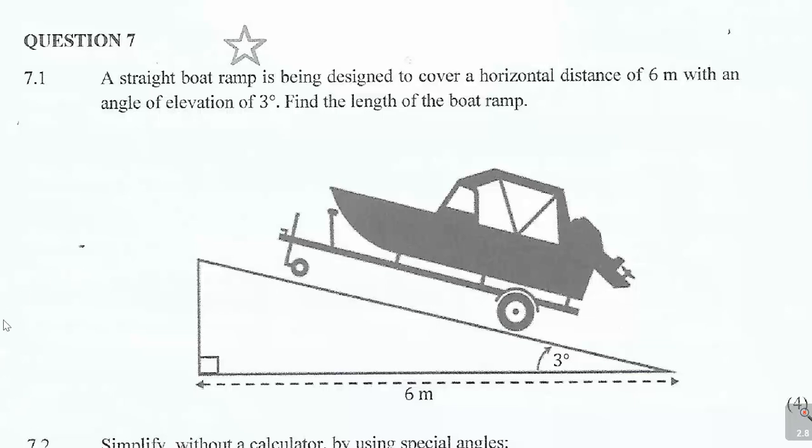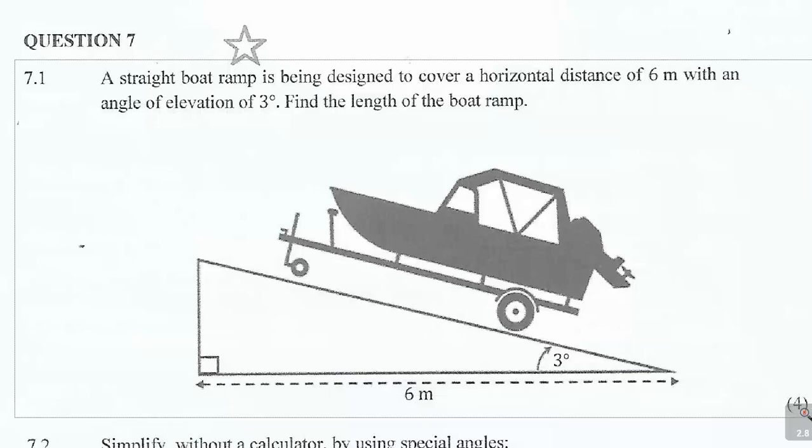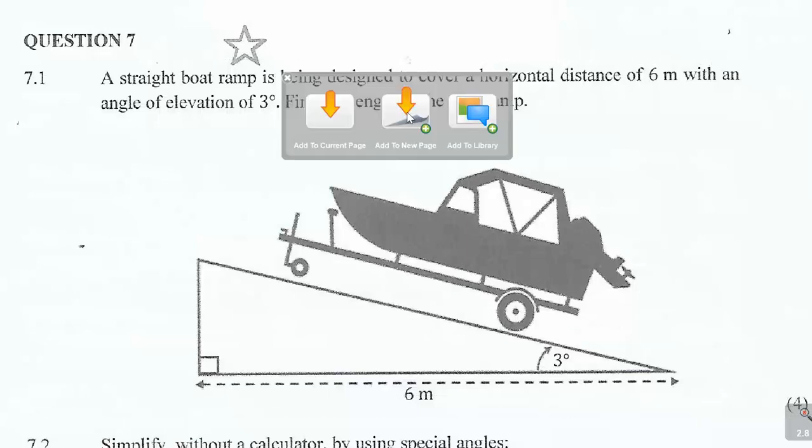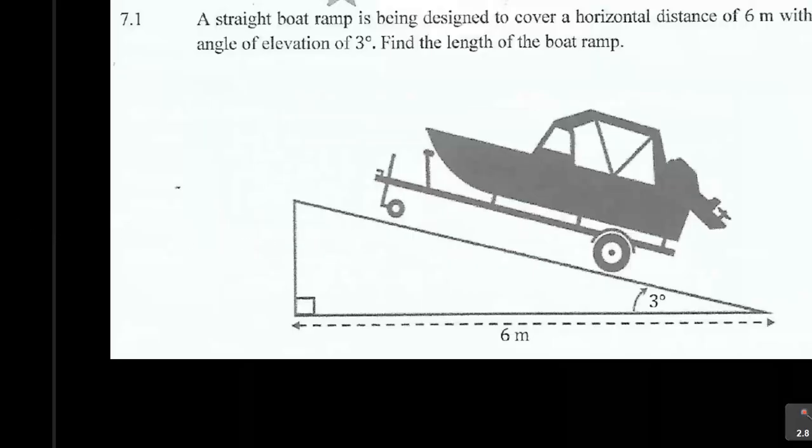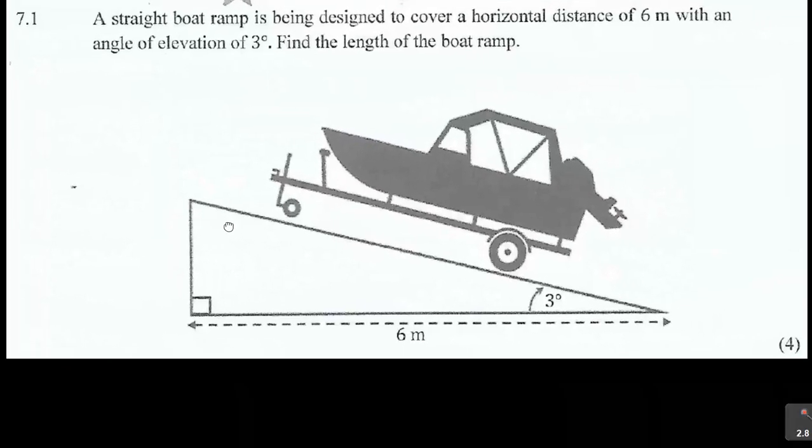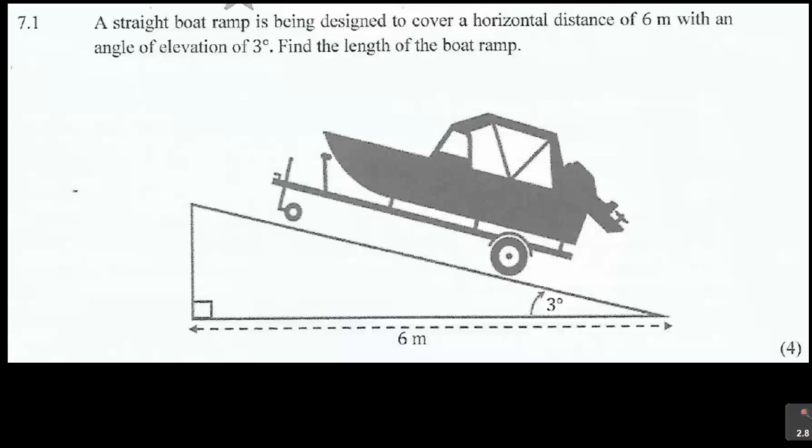So again, if I can just take this and try to bring that like this. So we have the question here, says a straight boat ramp is being designed to cover a horizontal distance of 6 meters.